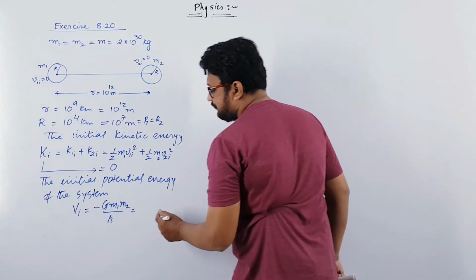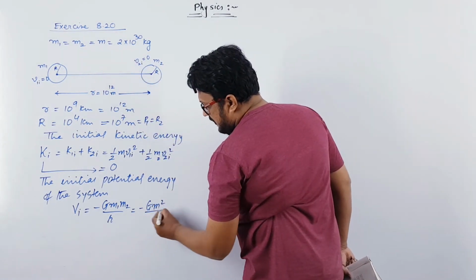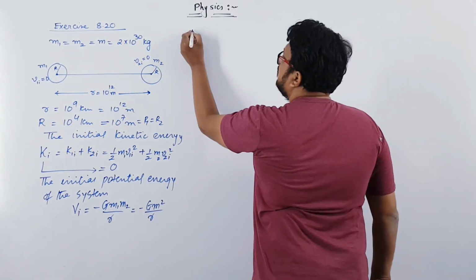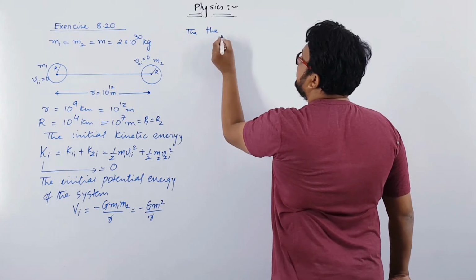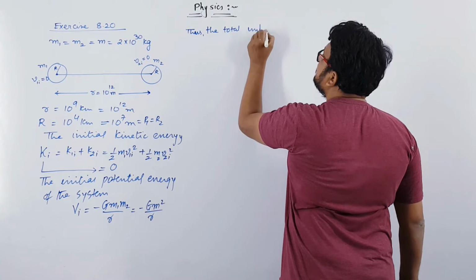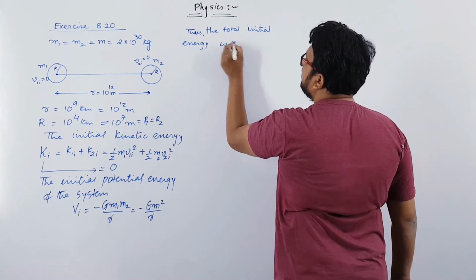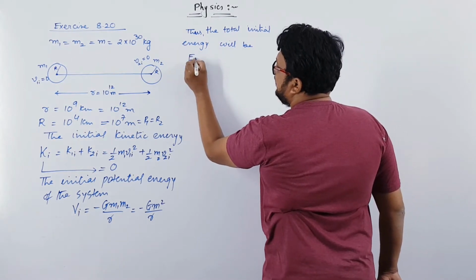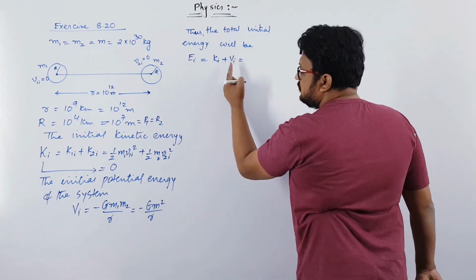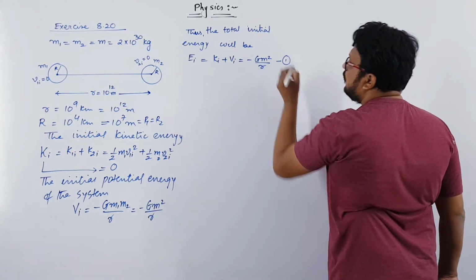So that is equal to minus G, m1 and m2 both are same, so let me write m square by r, right? Thus the total initial energy, let us write Ei, will be equal to initial kinetic energy plus initial potential energy. This is 0, so you can directly write minus G m square over r. Let this be equation number 1.